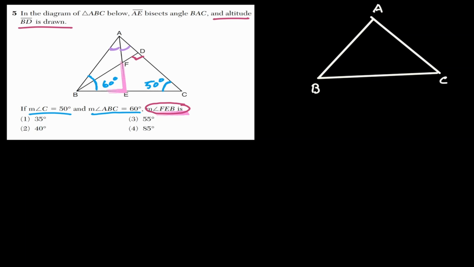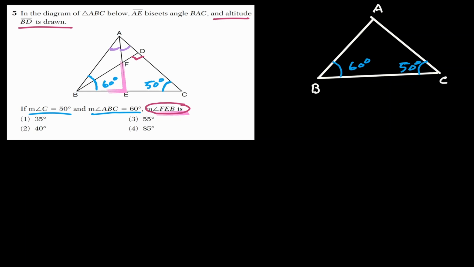Let's start by considering the outer triangle, the whole triangle ABC. And let's put down the information that we know. Angle B is 60 degrees, angle C is 50 degrees, but we can find out what angle A is.